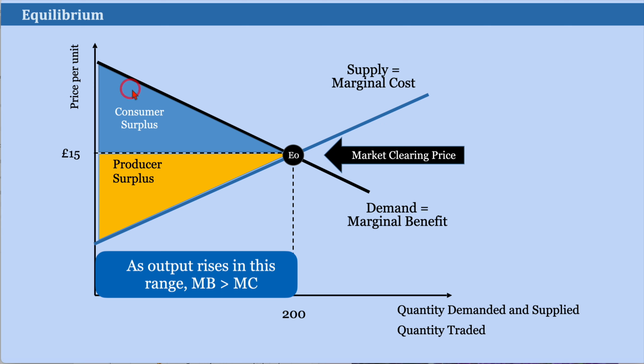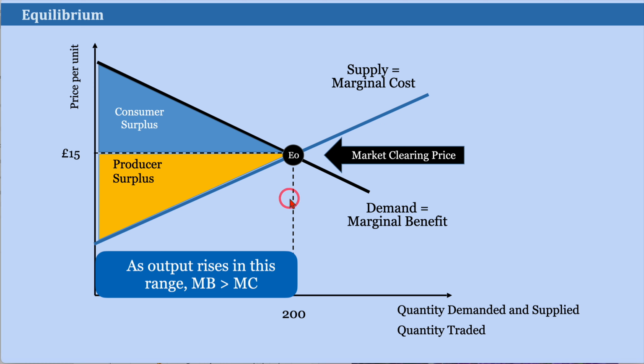And so as we move along the market, down the demand curve, up the supply curve, at every one of these outputs, this market is doing really well because it's adding more benefit than it is adding to the costs of production, i.e. the benefit to consumers is higher than the costs of using up those scarce factors of production.